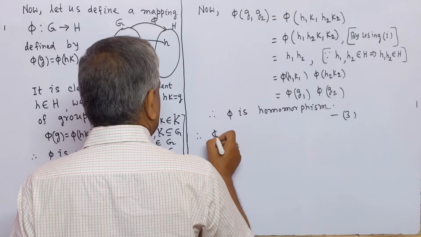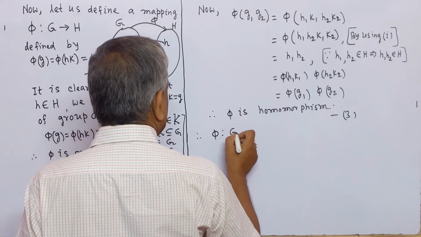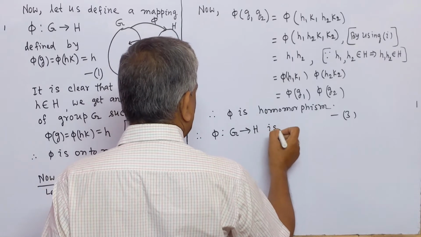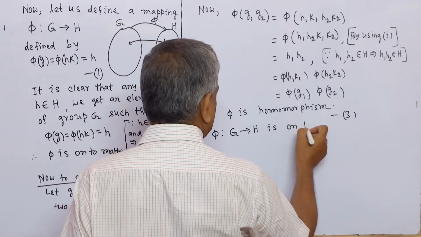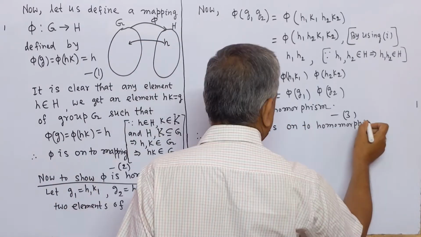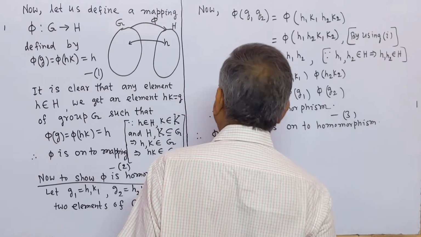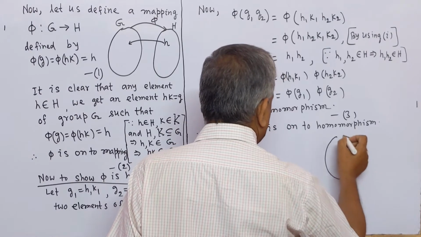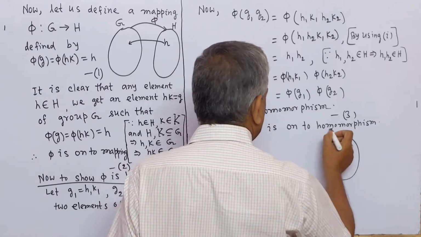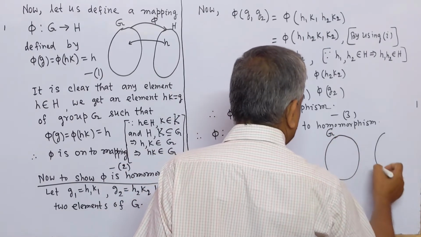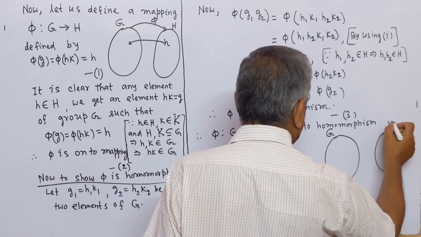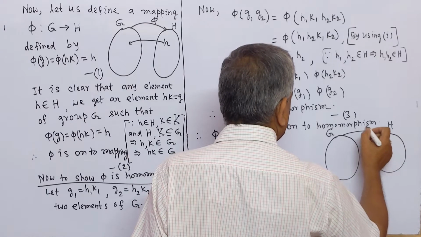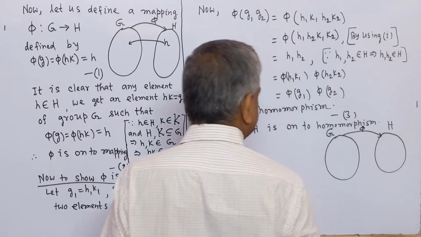Therefore, phi defined from group G into H is an onto homomorphism. Here is group G and here is subgroup H, and this is the phi mapping.